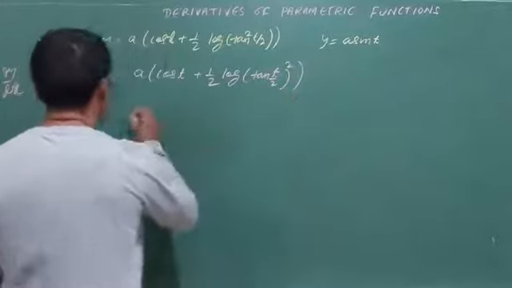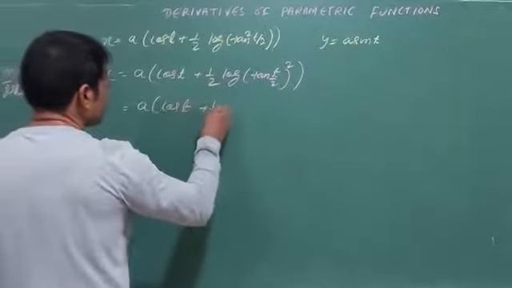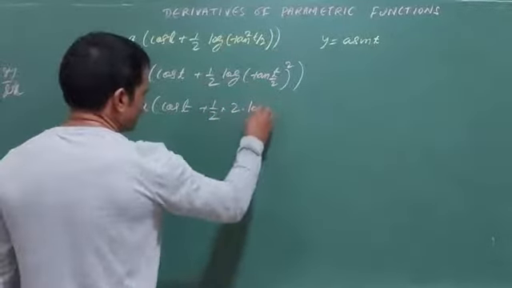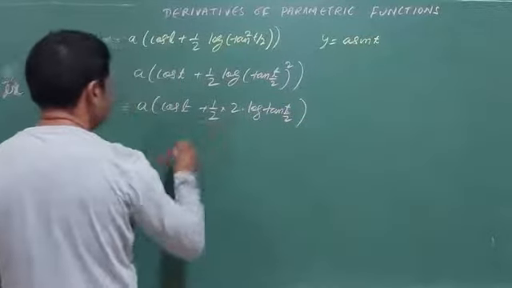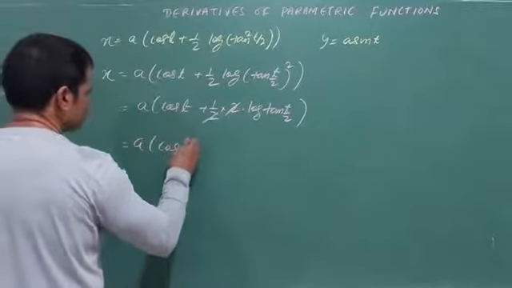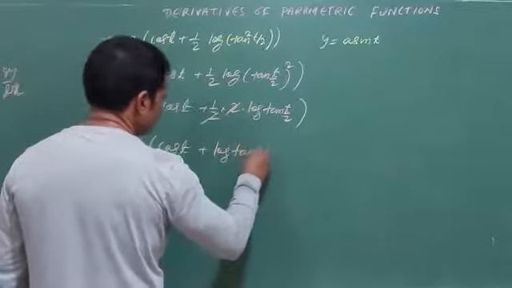I write it as a cos t plus, that 2 comes outside, log tan t by 2. The 2s cancel out, a cos t plus log tan t by 2.